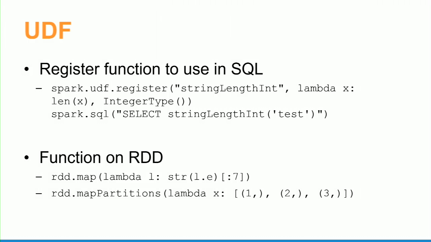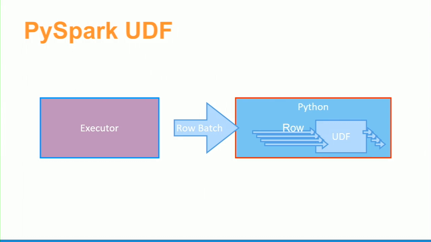Or you could pipe it through a map function or a map partition. The interesting thing about this is UDF is mostly a one-to-one thing. Basically, it takes a row, applies the UDF, and gets one row out, except for map partition. This is something to make a note of.